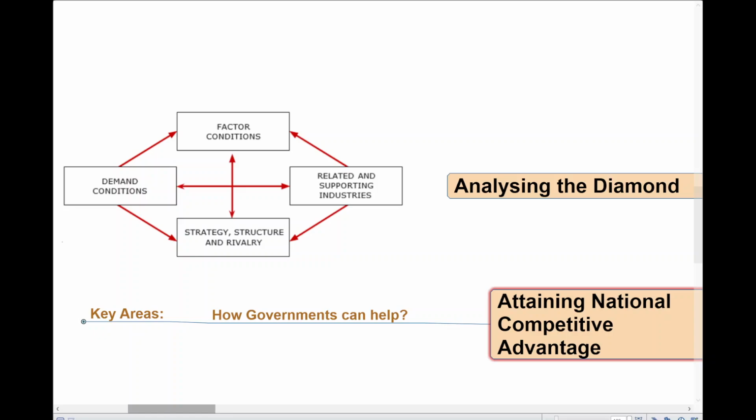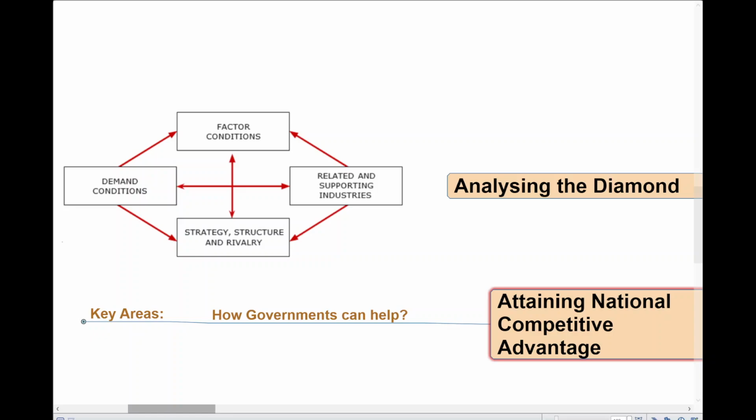So in essence, what Porter suggests is there are reasons why particular industries thrive in particular countries. And those reasons might be called, to use his word, determinants. They're really things that are in play that assist in the development and sustainable development of a given industry.